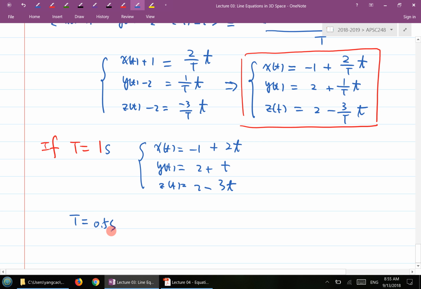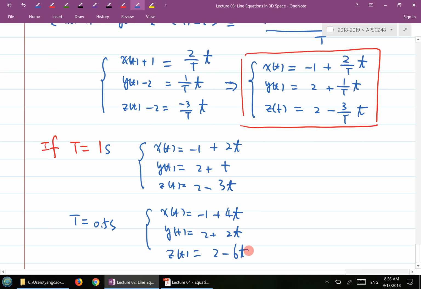Physically, that means the point Q travels faster or slower? Faster, right? So then you get x of t equals -1 plus 4t, y of t equals 2 plus 2t, z of t equals 2 minus 6t.